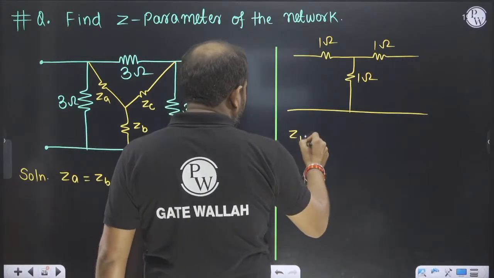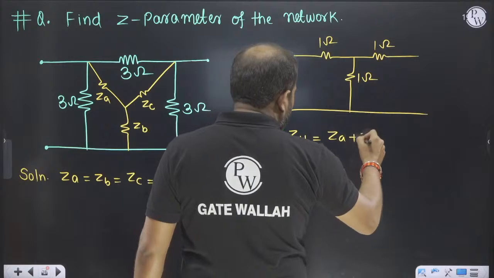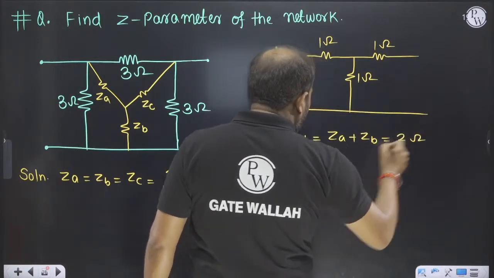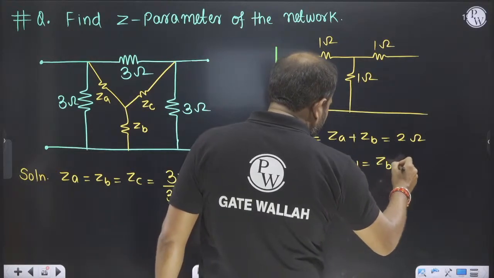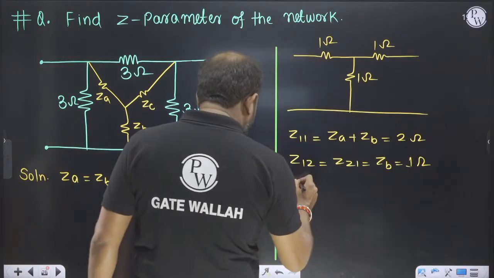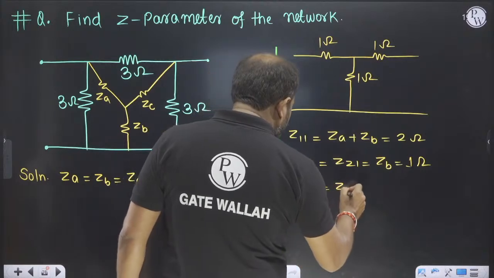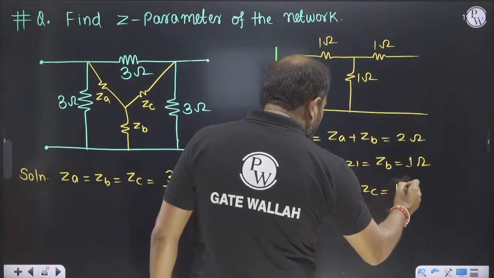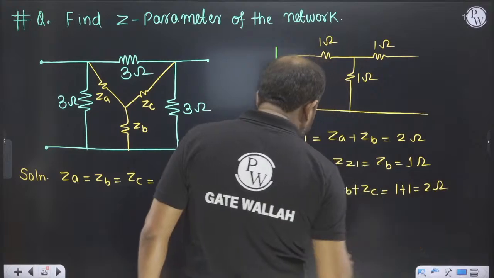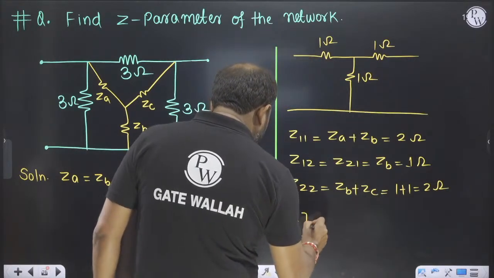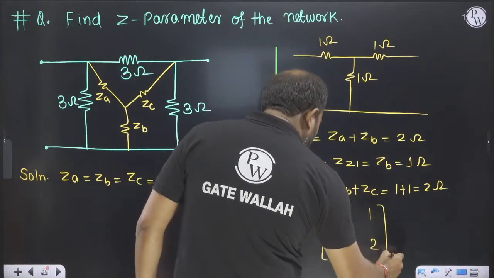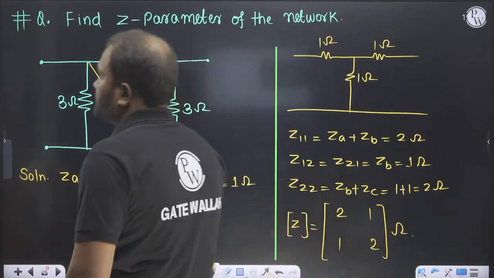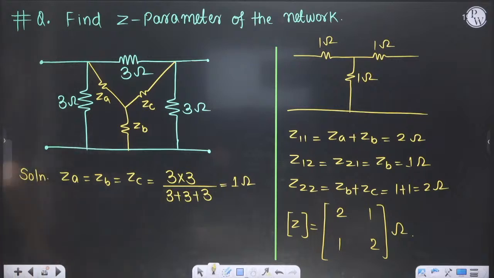Then we have Z11, ZA plus ZB, so it is 2 ohm, and Z12 and Z21 is equal to ZB, which is equal to 1 ohm, and Z22 is equal to ZB plus ZC, so which is equal to 1 plus 1, 2 ohm. So our Z parameter will be 2, 1, 1, 2 ohm. So this is a very easy concept. You can go through that.